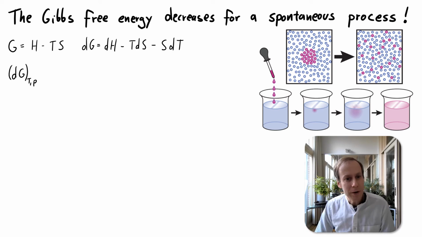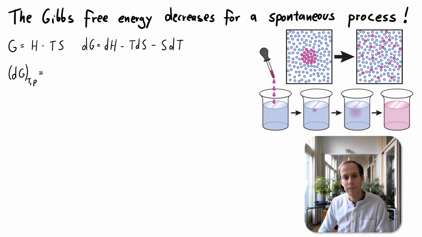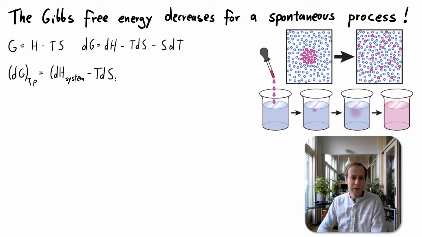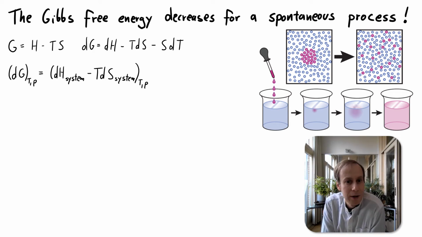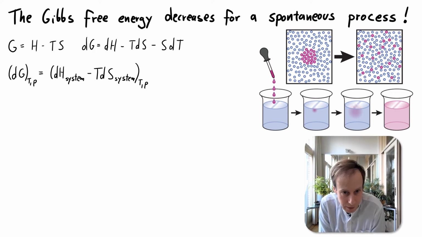So if we look at a Gibbs free energy change at a constant temperature and pressure, first, let's take a look at constant temperature. That means this term here, dT, will cancel out since T is constant and dT is 0. So all that will be left is going to be dH minus TdS.